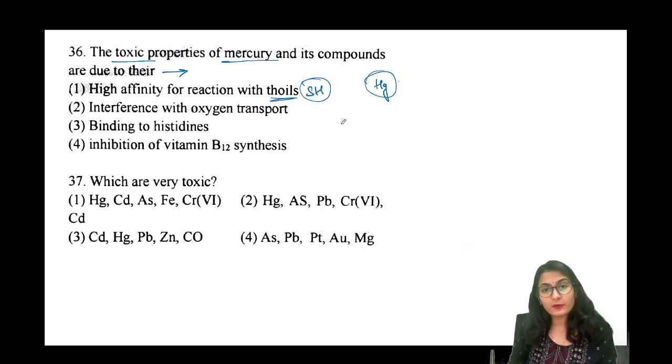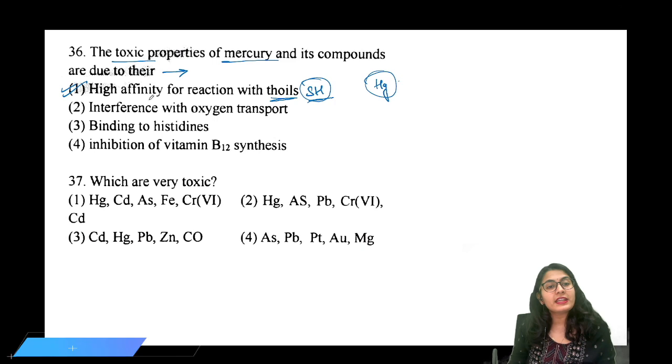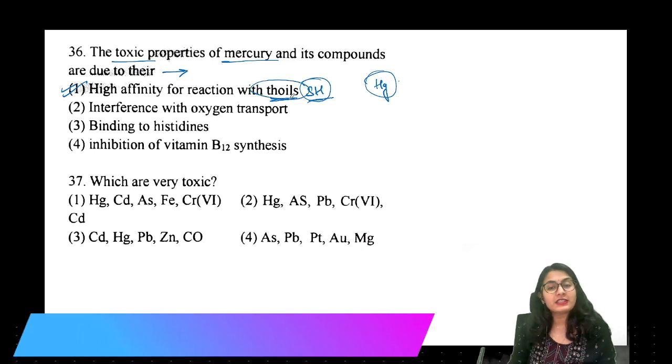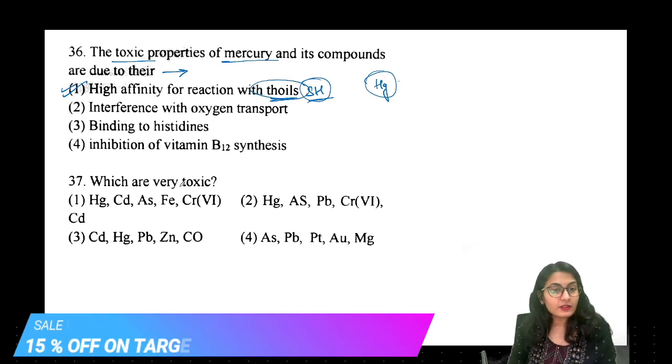And thiols हमारे पास बहुत सारे molecules में होते हैं, cysteine में होता है, and metallothionein में होता है. So it can bind with the sulfur over here and get into the system and hamper the processes. तो इसीलिए high affinity for thiols की वजह से mercury is very toxic.